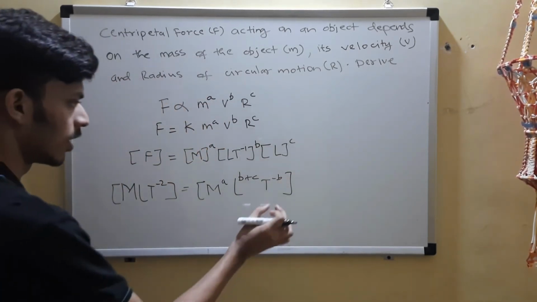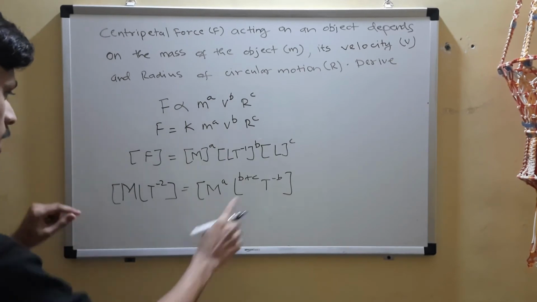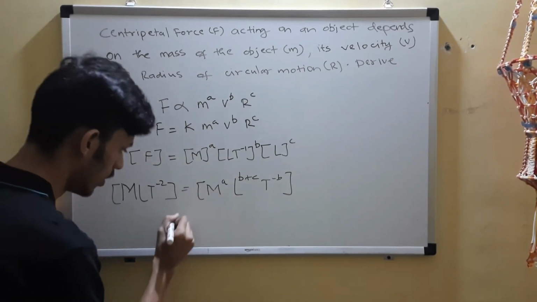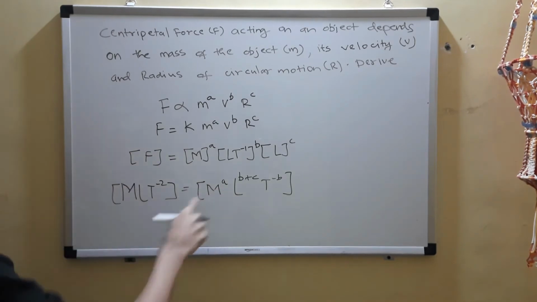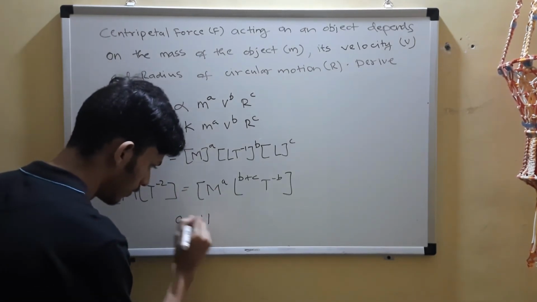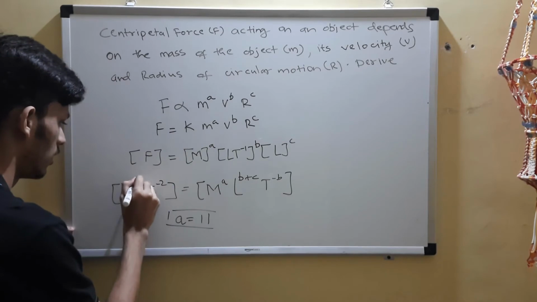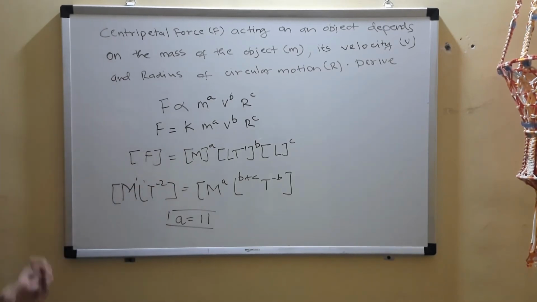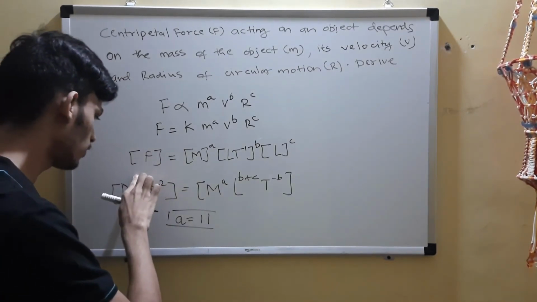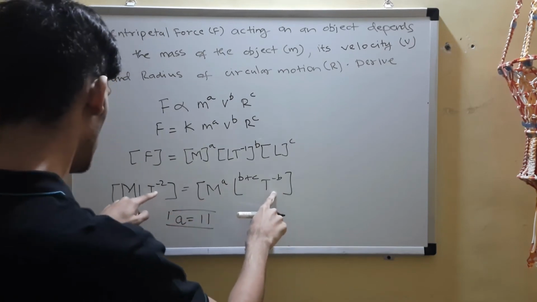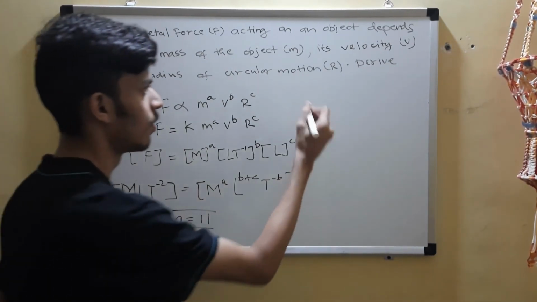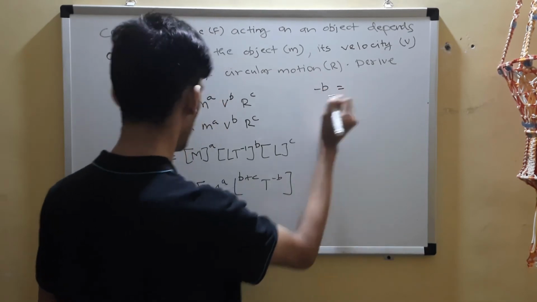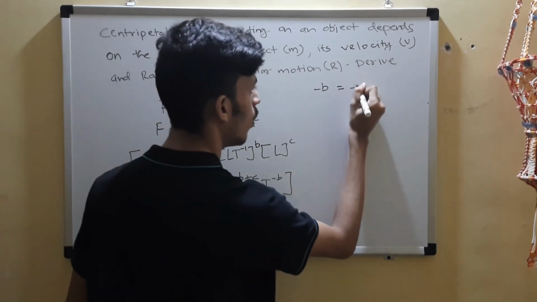So either you can compare this or this, because it has only one variable. Let's compare for a. The base is the same, so powers will be the same. So a is 1. Whatever, if I don't mention, it's 1. Now T raised to minus 2, and here you have T raised to minus b. So minus b is minus 2, or b is 2.